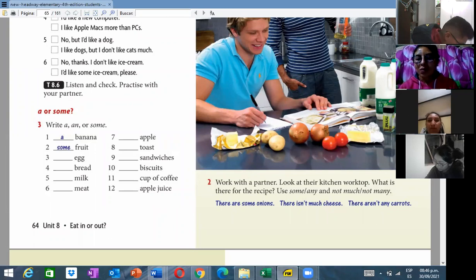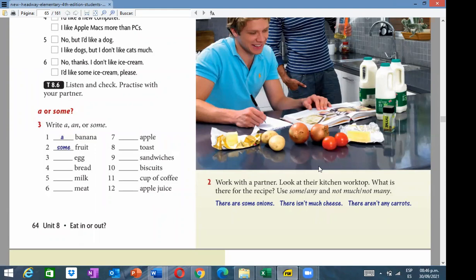I need some sentences. You have to tell me, what can you see? Depending on the picture, please. Come on, what can you see? There are some tomatoes. Very good. How many tomatoes are there? There are 2 tomatoes. Continue, please, students.